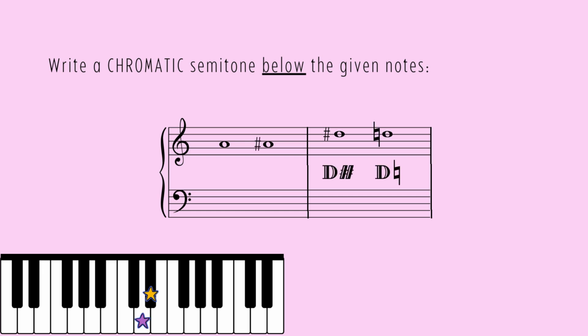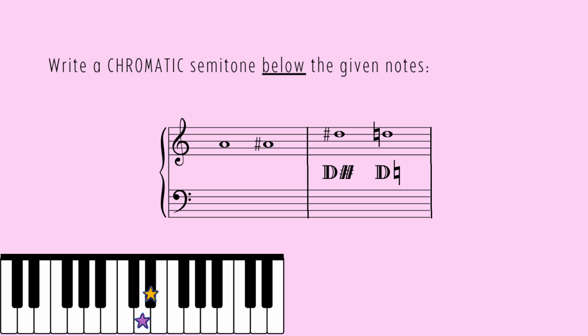Next, we're starting with the note D sharp. So when I locate that on my keyboard, I've put a yellow star on D sharp, and we're looking to lower this note to write a chromatic semitone below that given note. And in order to do that, we're going to, again, use a natural sign. So last time when we were raising the note from a flat, we used a natural sign.